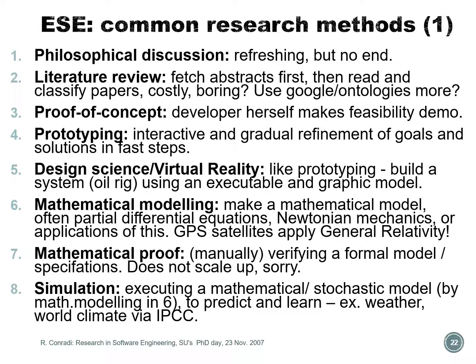But for example, the normal types of software engineering research on the empirical side use some of these approaches. We might consider some philosophical discussions, do literature reviews, or create proofs of concept or prototypes to get an idea of how some technology might work or how something could be done, or do design science, or mathematically model things.